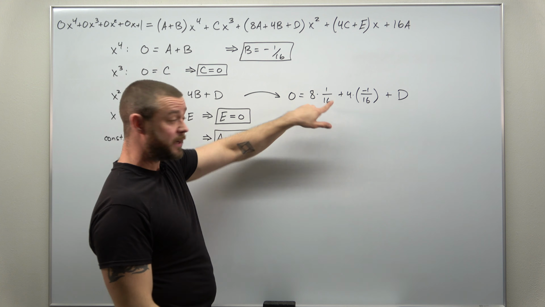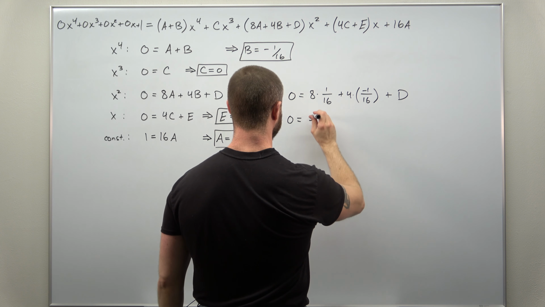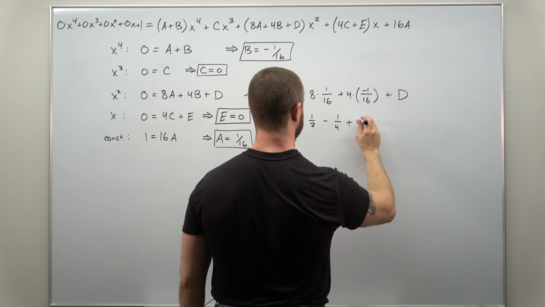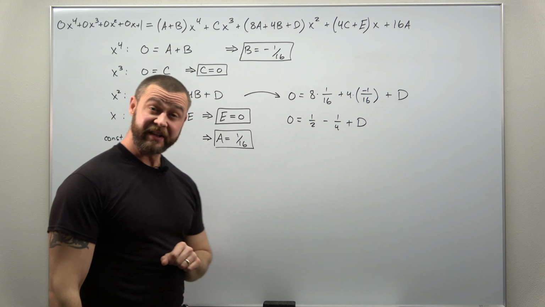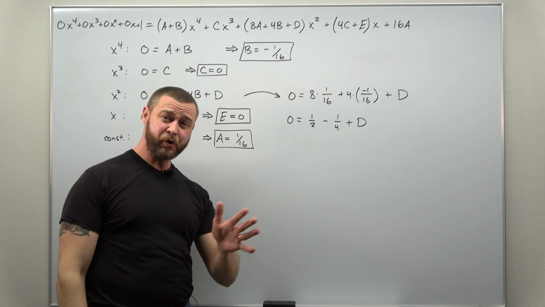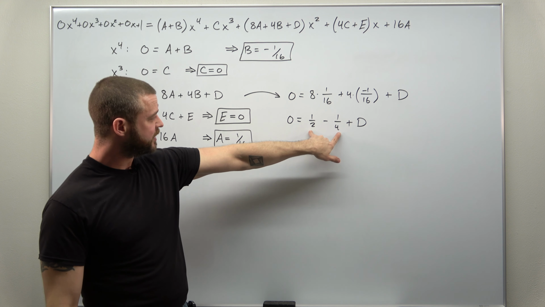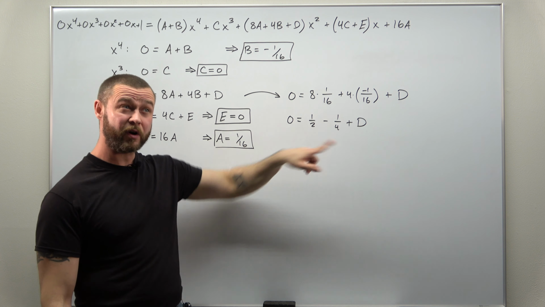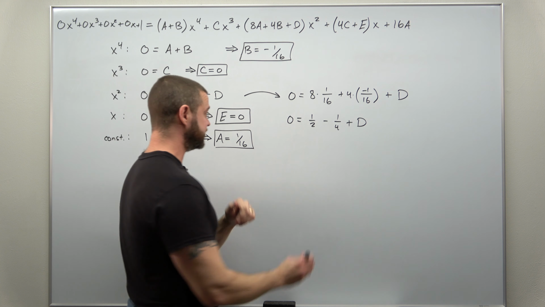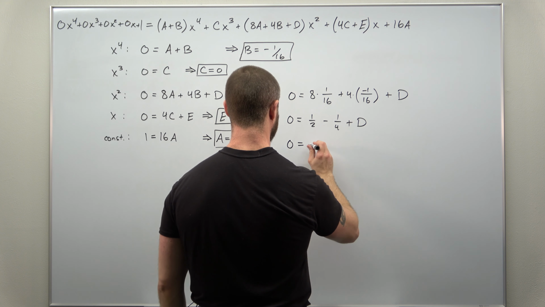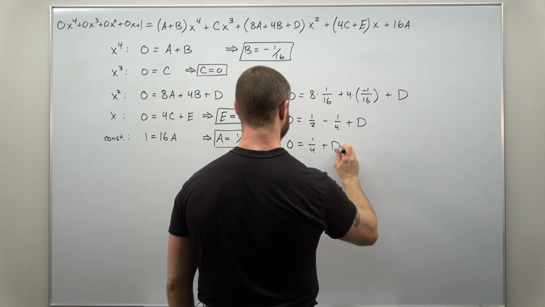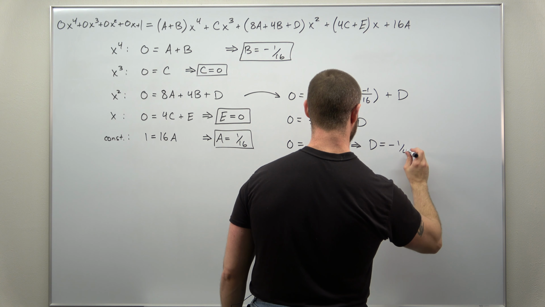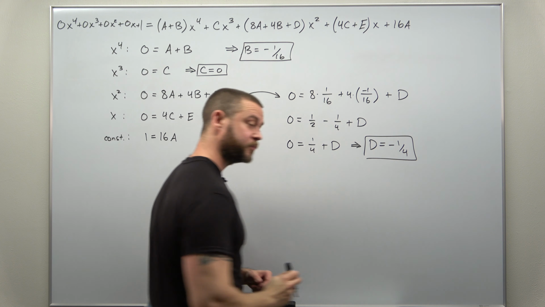This one will reduce down to just 1 over 2. And here we get minus 1 over 4 plus d. A half minus a quarter is positive 1/4, and that's plus d. And whew, all right, that's done. We get d as negative 1/4.